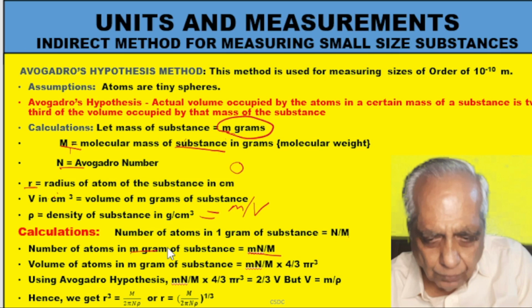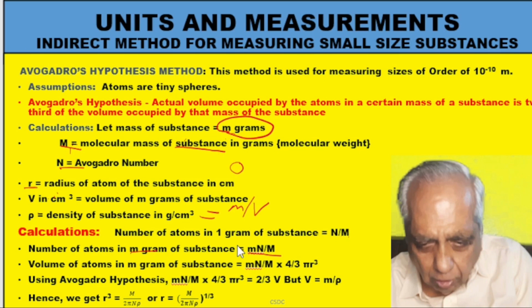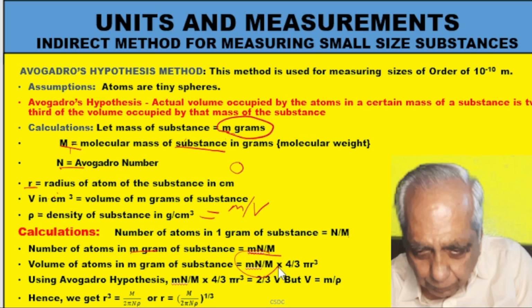Now what is the volume of these atoms? It would be the volume of one atom multiplied by the total number of atoms. 4 upon 3 pi r cube is the volume of one atom. So if I multiply this, I will get the total volume.